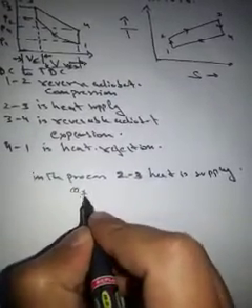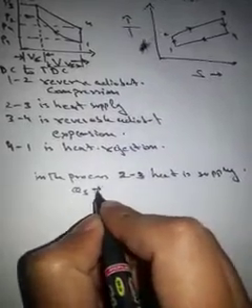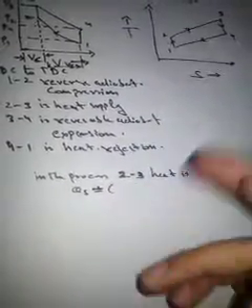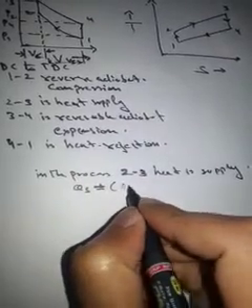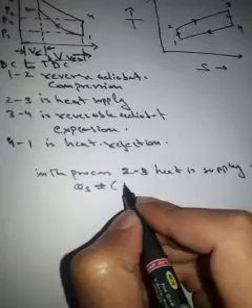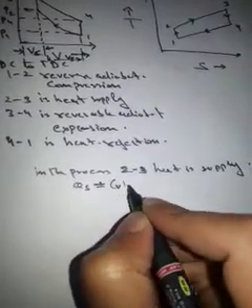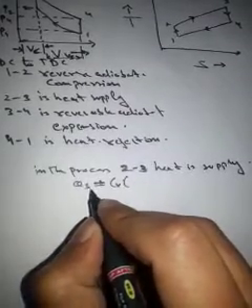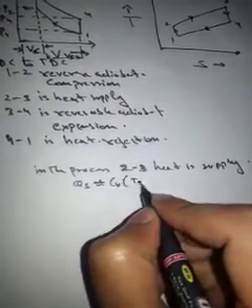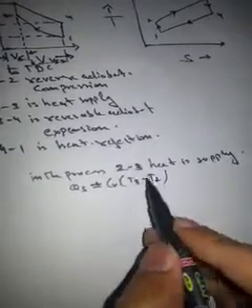When the heat is supplied, QS is equivalent to Cv (T3 minus T2) in the 2 to 3 process.